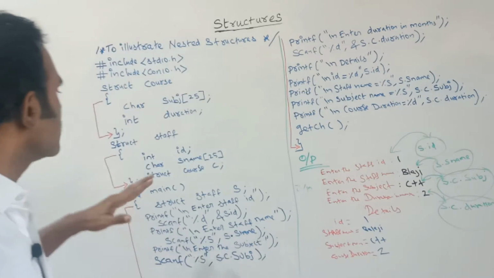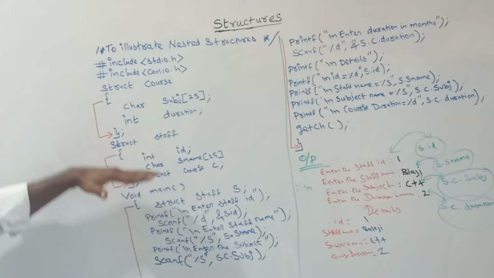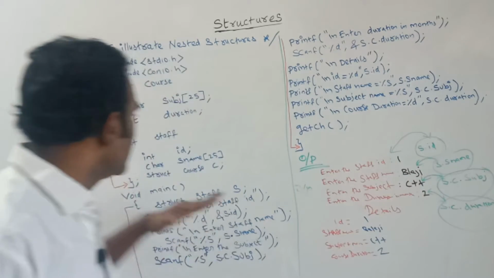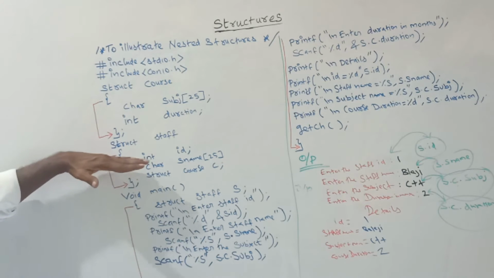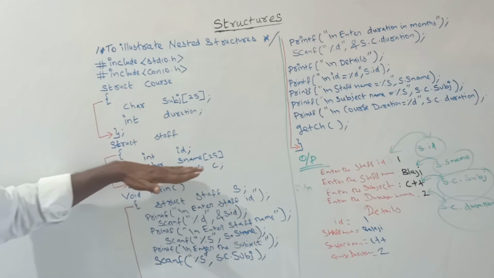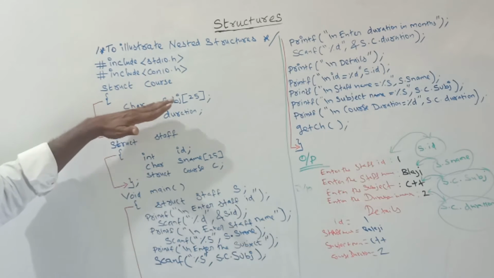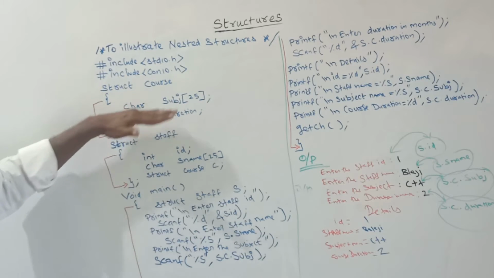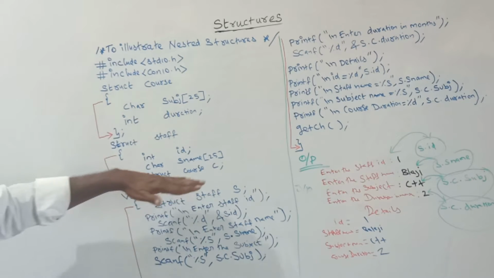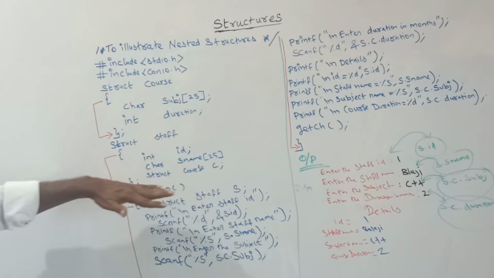For example, for the staff, each record has how many fields? The first field is the integer ID, the second is the character staff name, and the third is course, which contains the subject and the duration for that subject. Totally 4 fields.